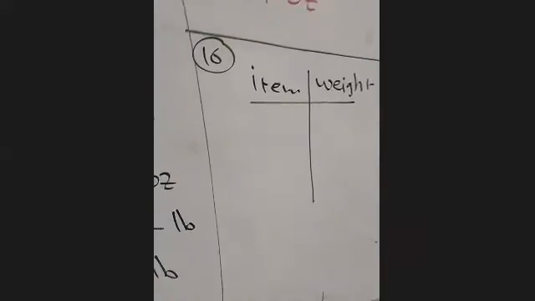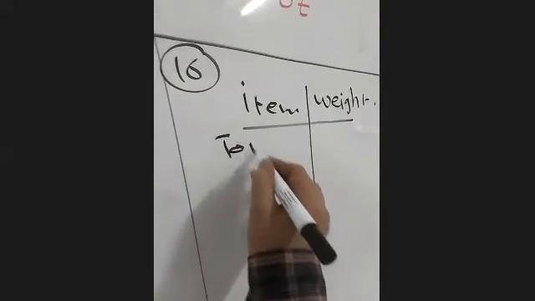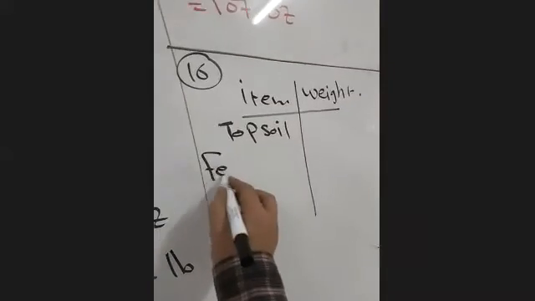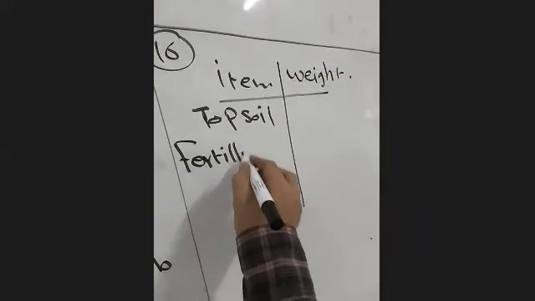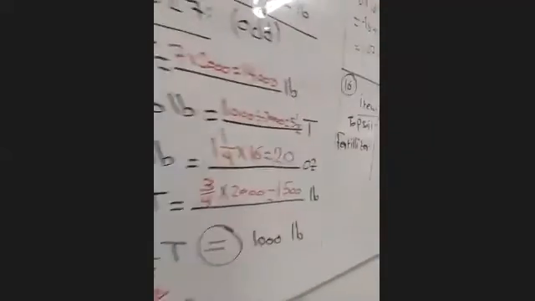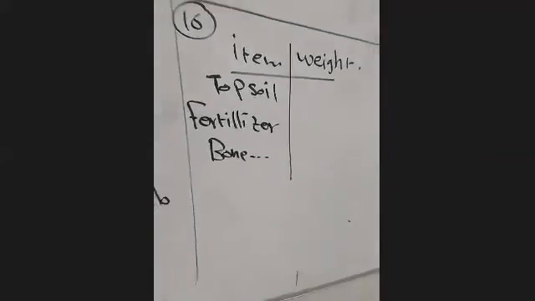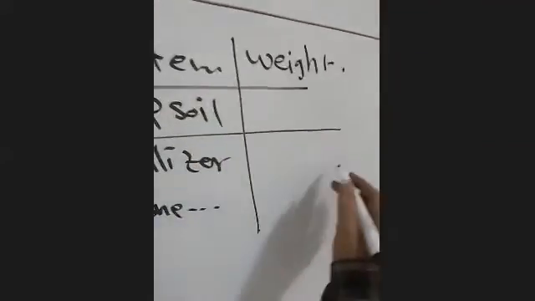Now, what's the weight of the first one? The first one is topsoil. The second one is fertilizer. The third one is bone meal. Now, what is the weight for each one of them?